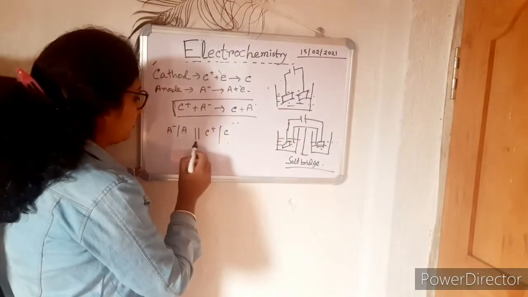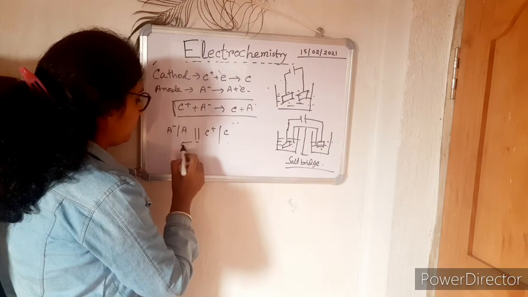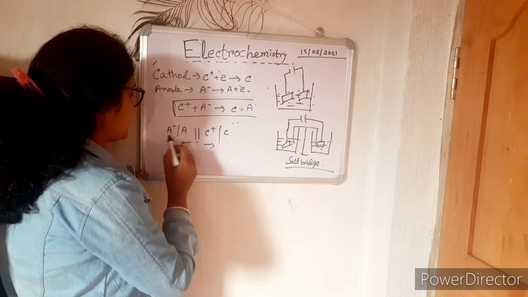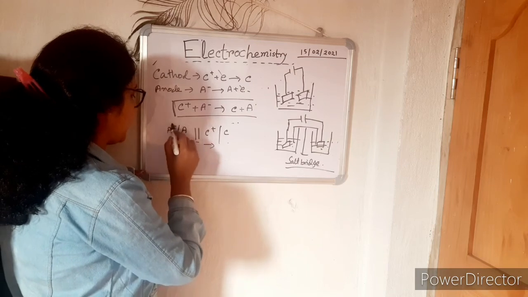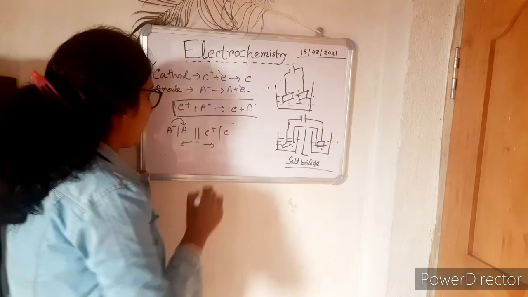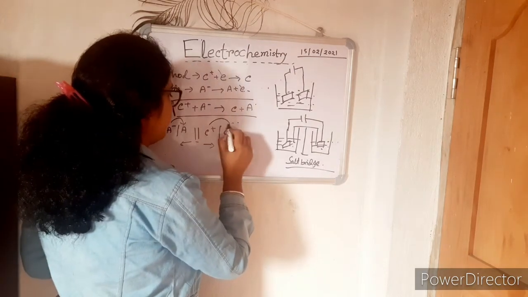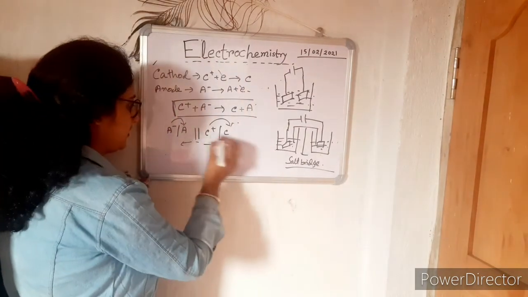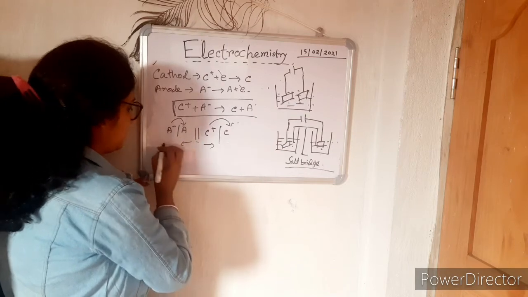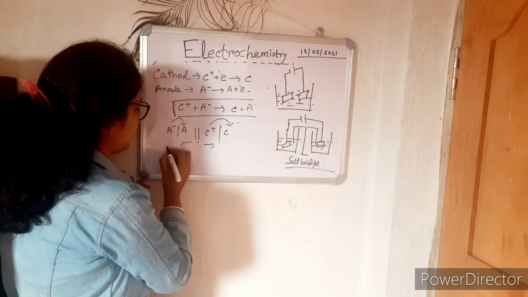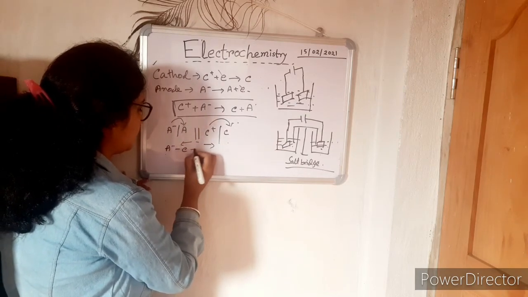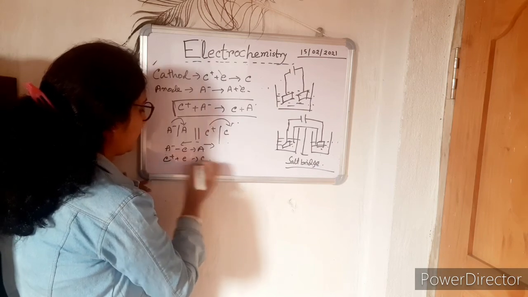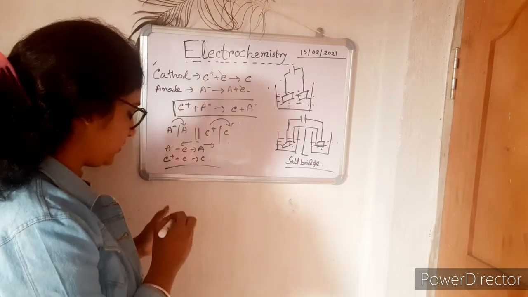The left side of the salt bridge is the anode reaction, and the right side is the cathode reaction. So on the left side the A minus ion will convert to A, and on the right side the C plus ion will convert to C. So this is the cell notation, and from it you can say that the anode reaction is this and the cathode reaction is this. This is the cell representation.